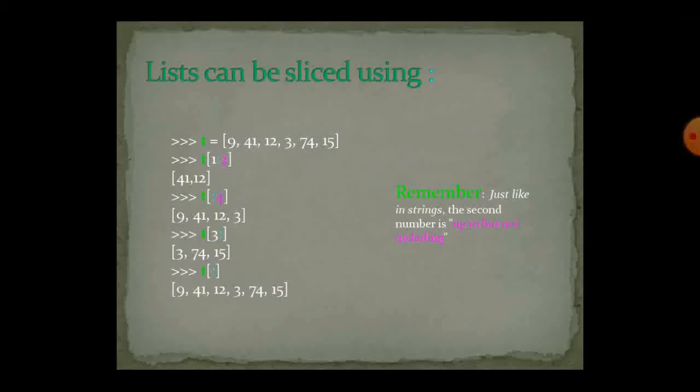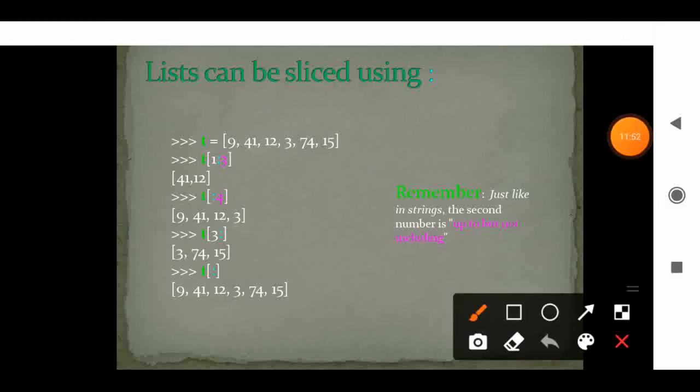A list can be sliced. You have already studied slicing in strings. T is the variable, and we have a list of values stored in it. The index starts from 0, 1, 2, 3.